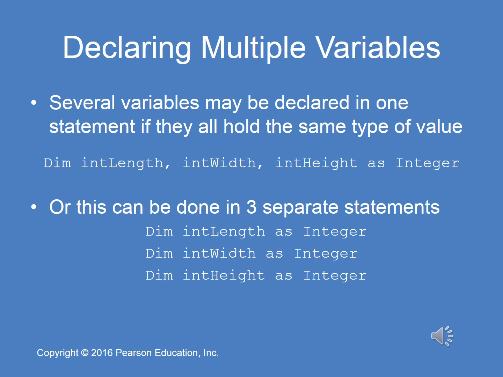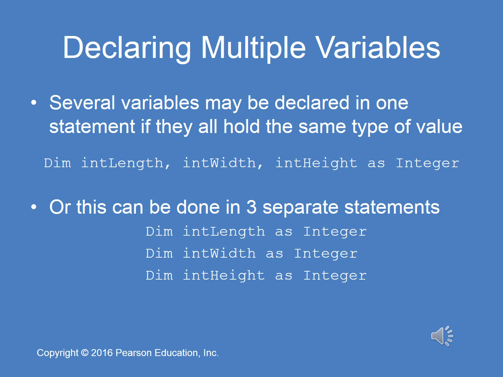You can also declare multiple variables of the same type in one dim statement. So in this example, we're declaring 3 integers using dim, intLength, they're separated with a comma, intLength, comma, intWidth, comma, intHeight as integer. Now, when we declare these, we're not giving them an initial value.